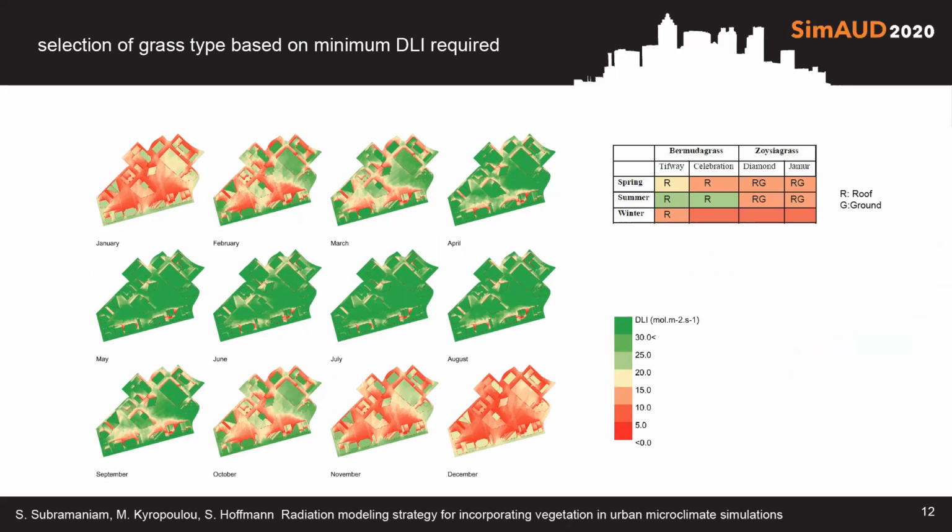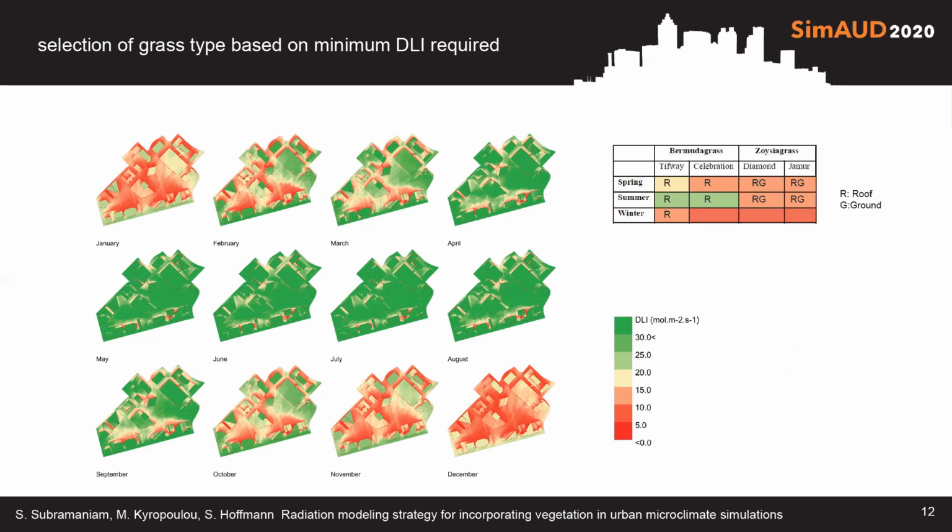We can see here there are certain times during the year, in winter, that the growth of such species is prohibited by the available amount of solar radiation. Those monthly maps allowed these correlations.